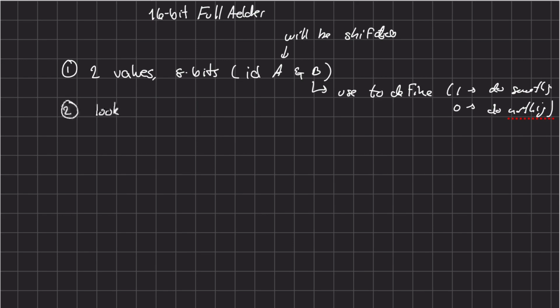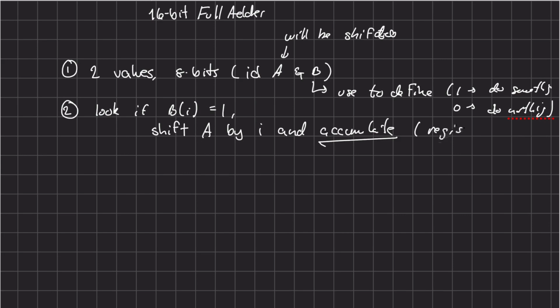Okay, so let's say step 2: look if bi equals 1, then shift A by i and accumulate. So when we see stuff like accumulate, what it means is that at some point somewhere I'll probably need a register to hold that information.